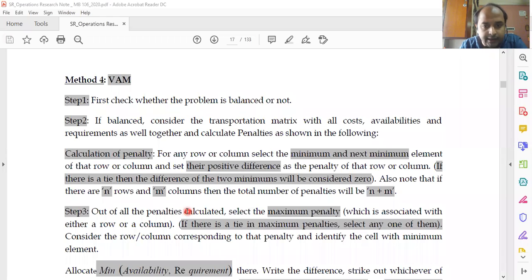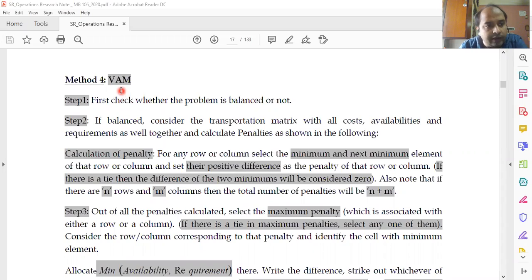I am showing you the screen where this is written: VAM. This is the topic which I'm going to start discussing today. As the name was already mentioned in my earlier class, VAM is the method by which a transportation problem can be solved.